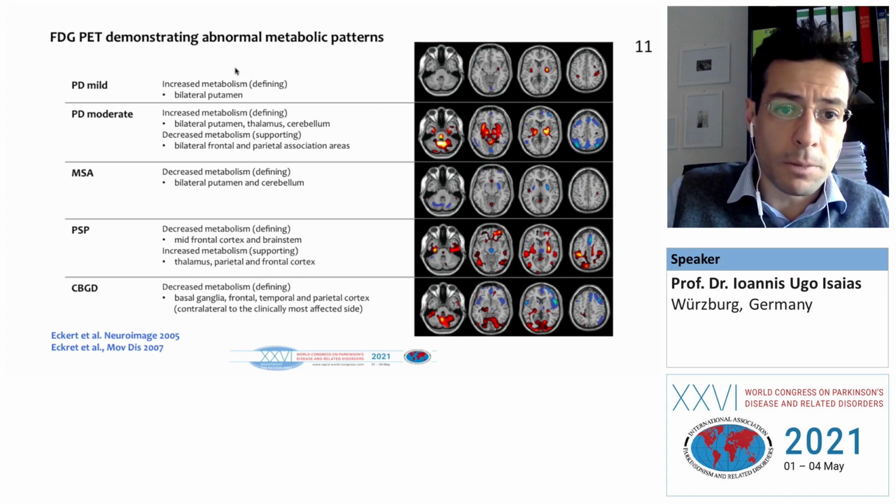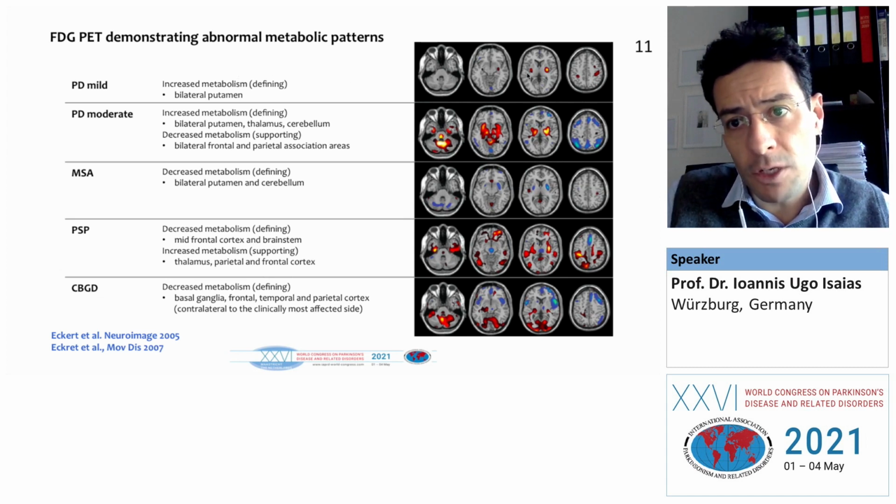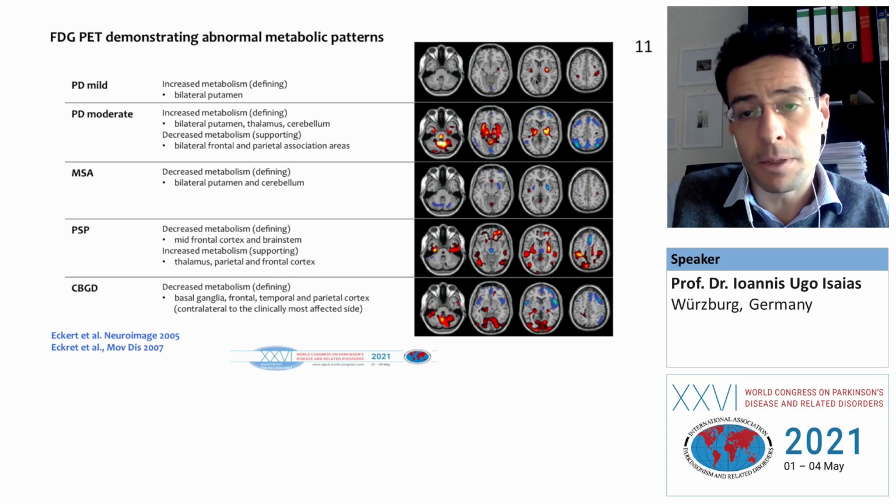Going back to the top of this list, we can see what the changes are in Parkinson's patients in a very early stage, Hoehn and Yahr stage 1, where we have an increased metabolic activity in the putamen, possibly a compensatory activity in this area.